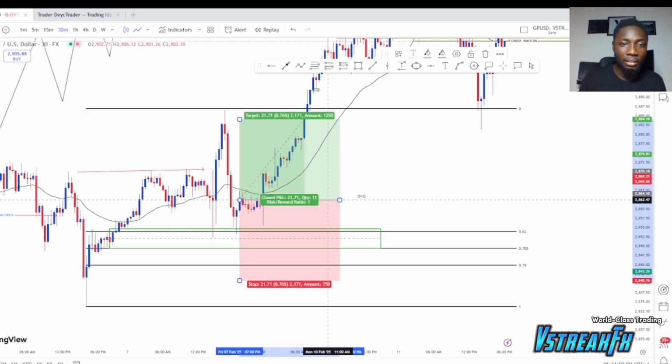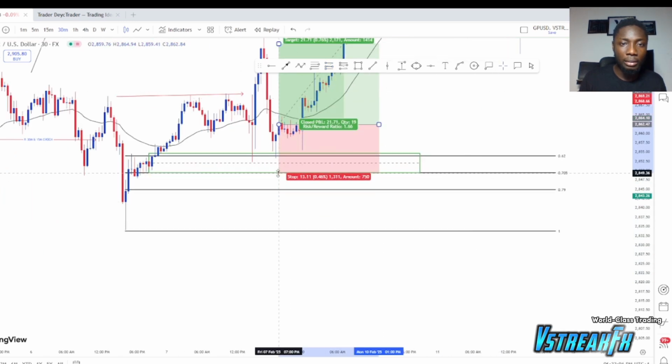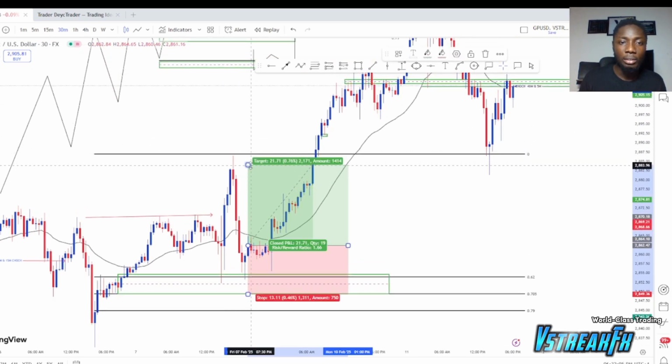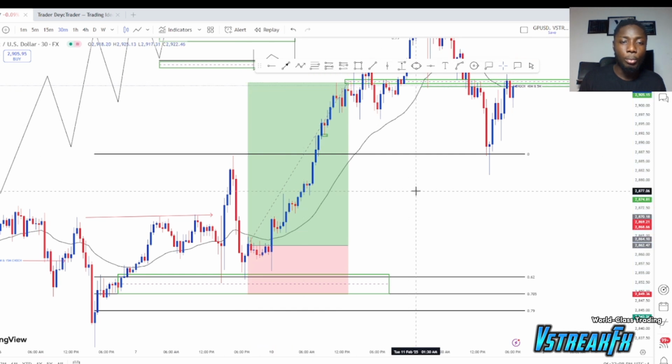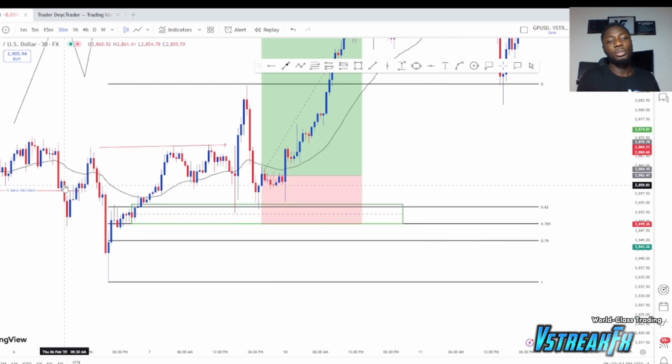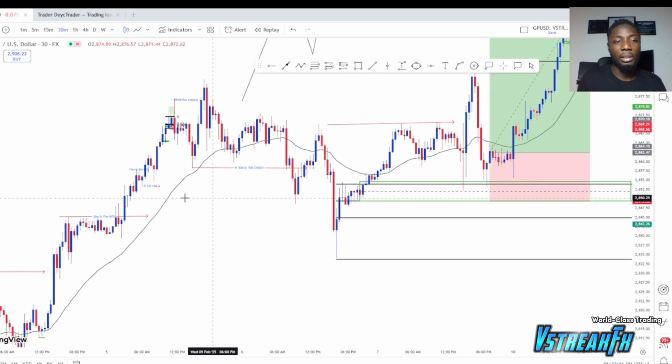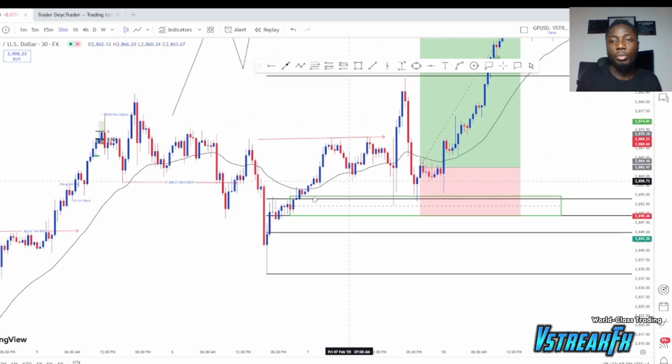So let's say from here we have the price pushing like this. So this is how the fib level is being used. You can see how I scaled down. You can see a very strong level of support there where price was holding before.